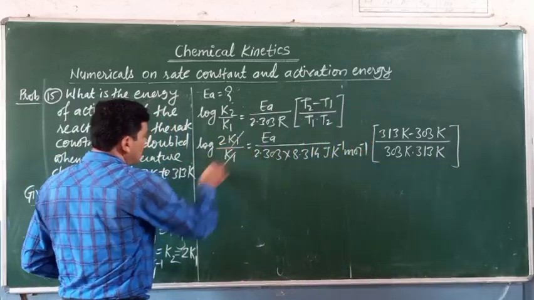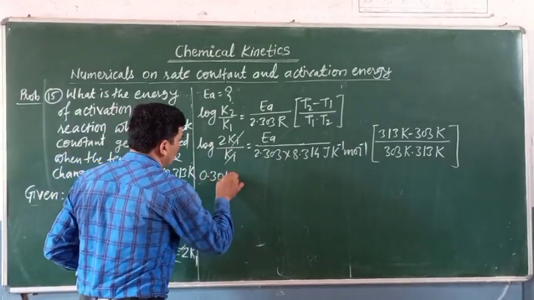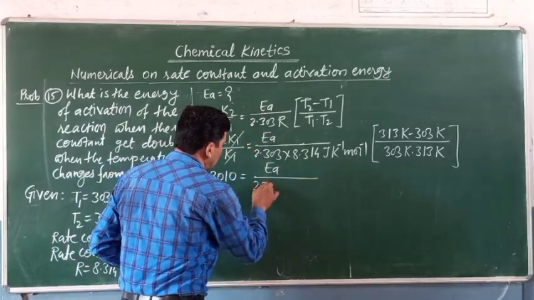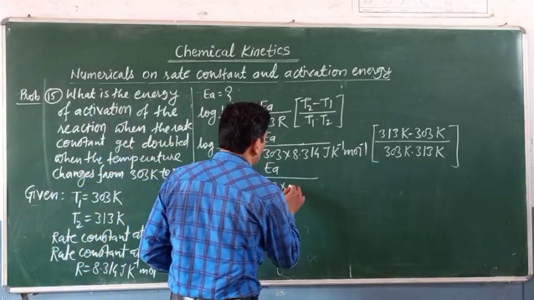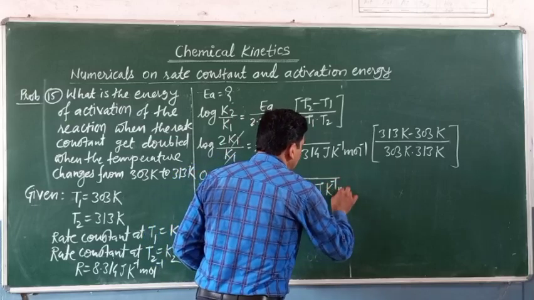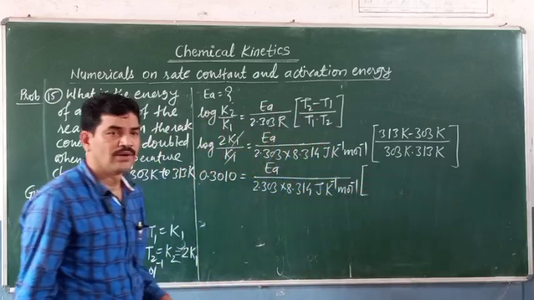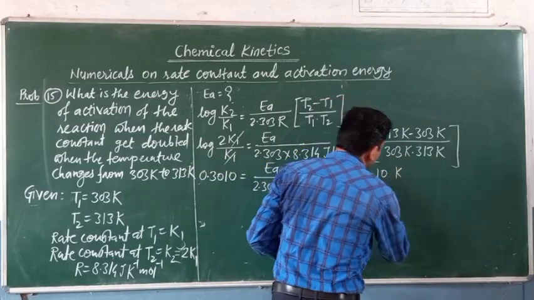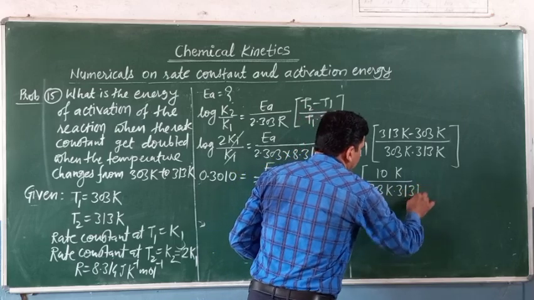Now here K1 and K1 will get cancelled, therefore log of 2 equal to 0.3010 equal to EA upon 2.303 into 8.314 joule per Kelvin per mole, in bracket 313 minus 303, that is 10, and the unit is common, that is Kelvin, upon 303 Kelvin into 313.